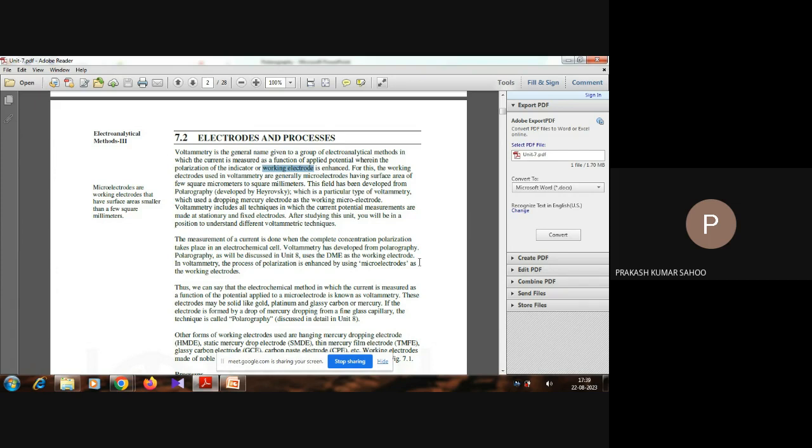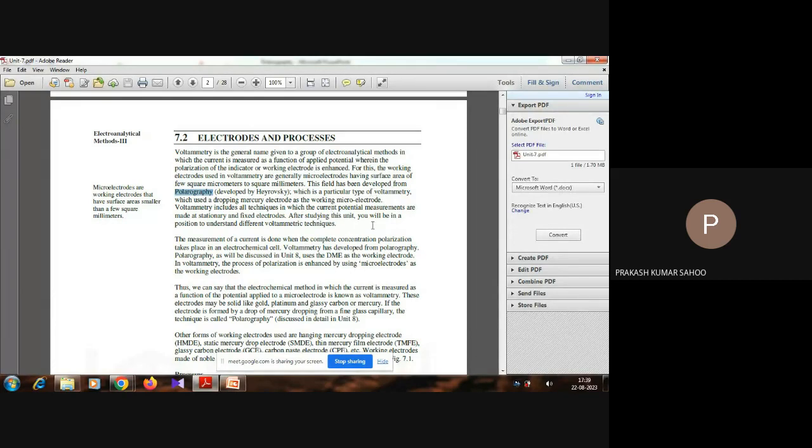Then it is followed by a very developed technique, that is known as polarography or polarographic method, which was developed by Heyrovsky. It is a particular type of voltammetry.